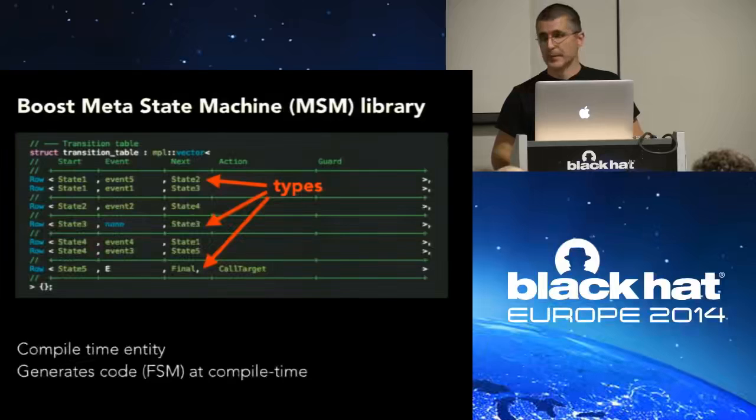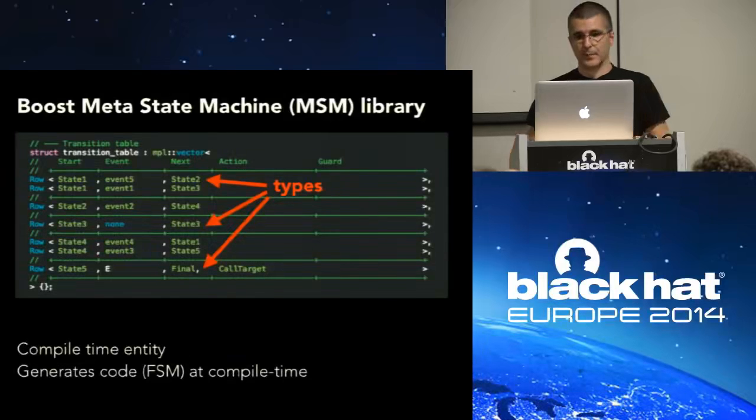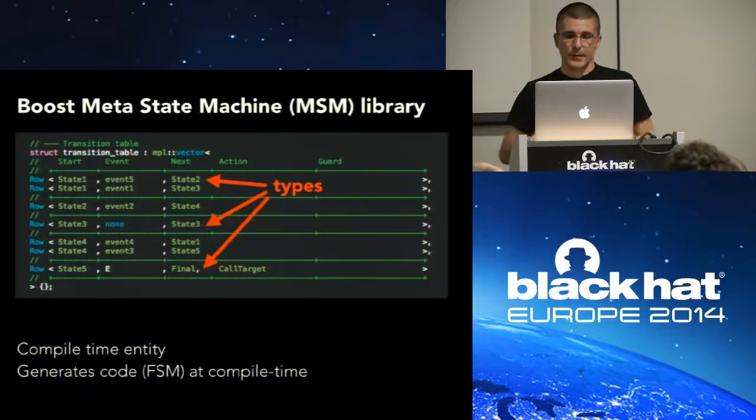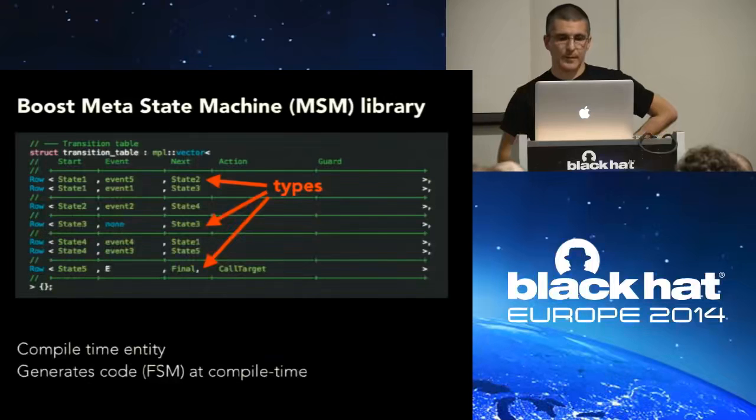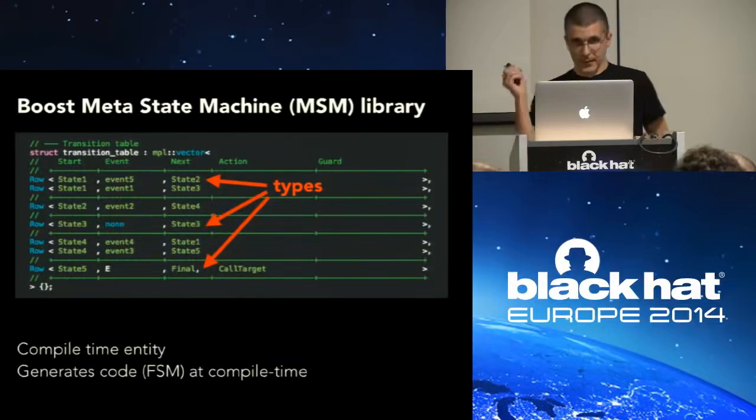To implement that, I'm using the Boost Metastate Machine library. Boost is a C++ library, with a lot of different things in it. And you have different implementations of finite state machines.